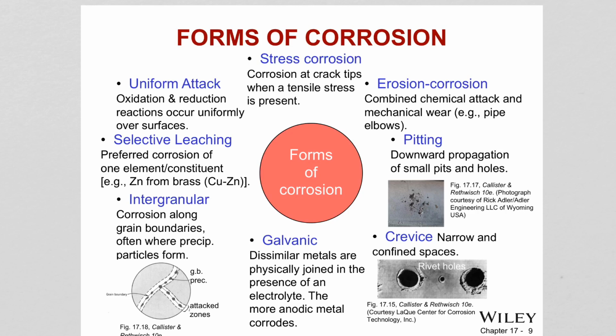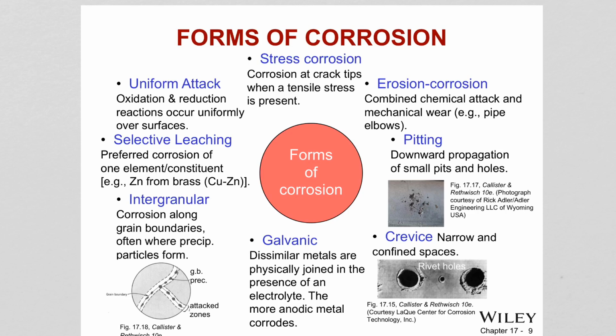One example is commonly found in piping, especially at bends and elbows, where there are abrupt changes in the pipe diameter, because at these positions the fluid changes direction of flow. Suddenly the flow can become turbulent, and those regions are susceptible to erosion corrosion, and you can see some images in your book.